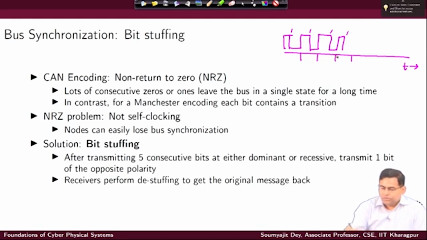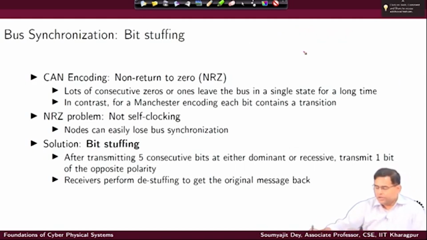So you can see that we have a positive edge at the clock when the signal is 1, which is actually good for synchronization. That is a return to 0 type encoding, and the previous one that I showed is a non-return to 0 type encoding, and CAN actually follows the non-return to 0 type encoding.